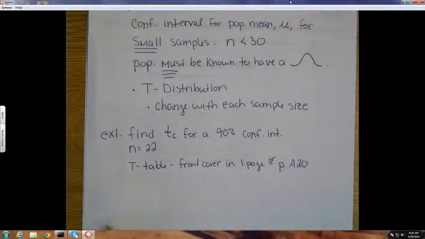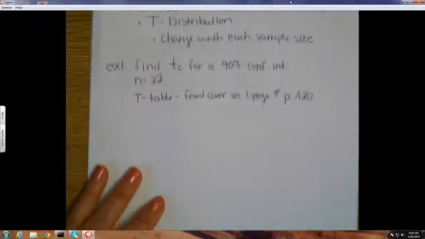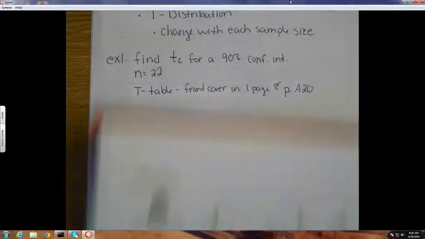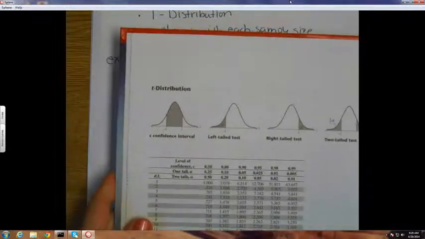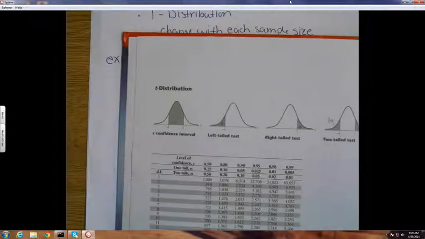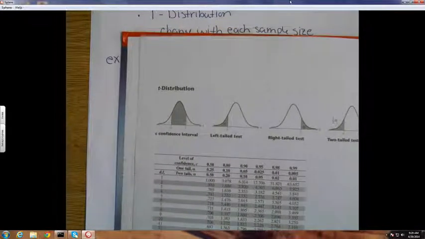Okay, you see your T distribution? The top of the page should say T distribution. We're going to be using this table in all the chapters throughout.